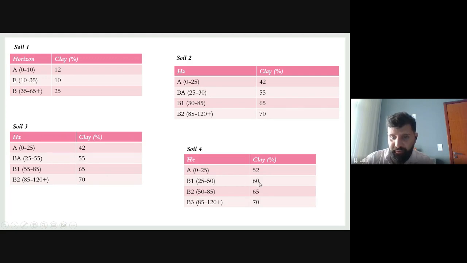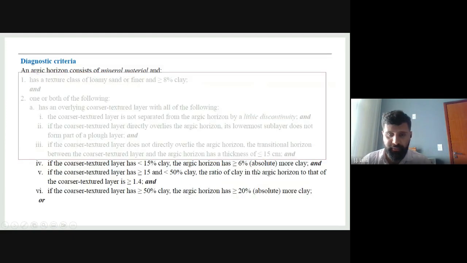In this case, we should calculate the ratio between 60 and 52. If we have more than 50% of clay, the argic horizon should present at least 20% more clay than the coarse texture layer.